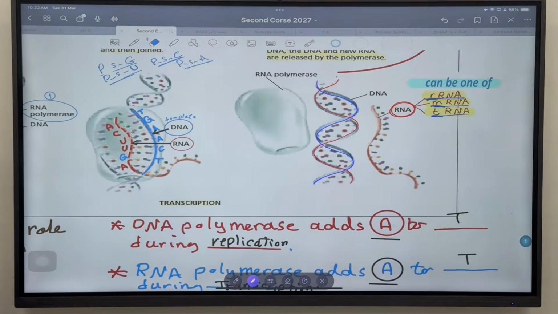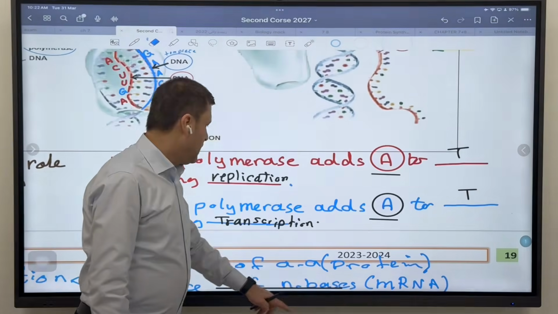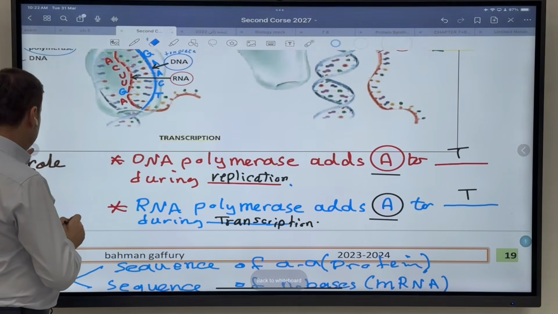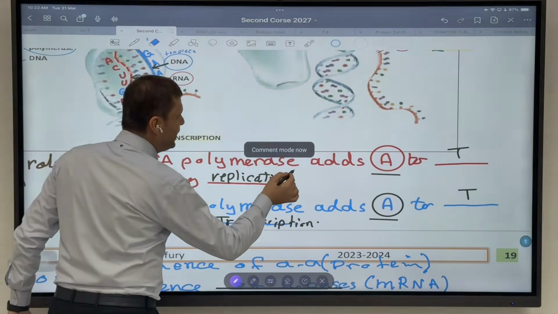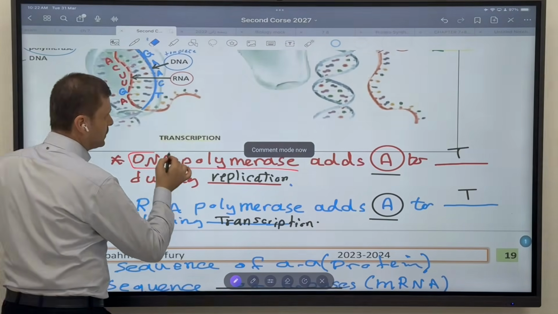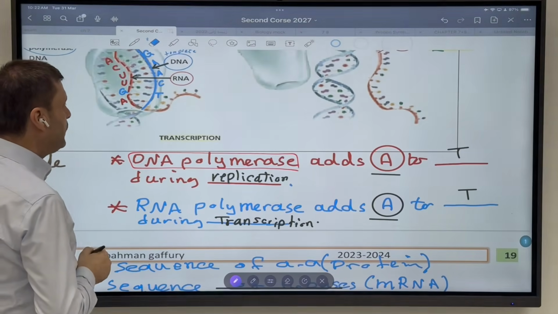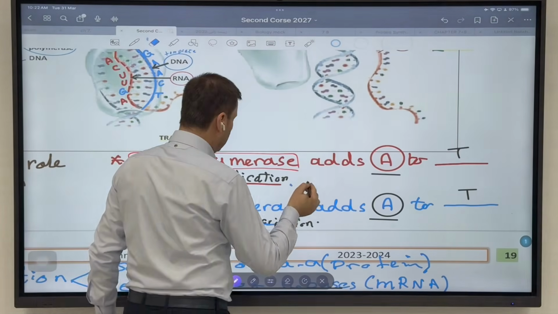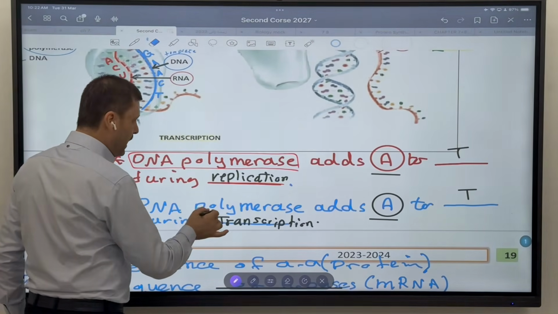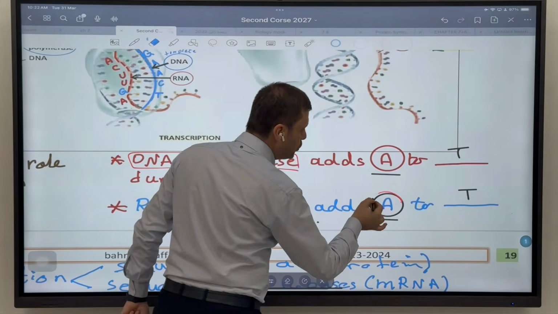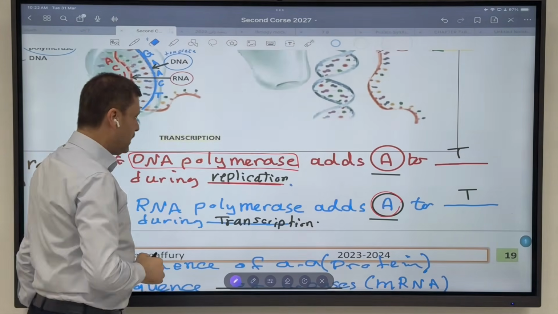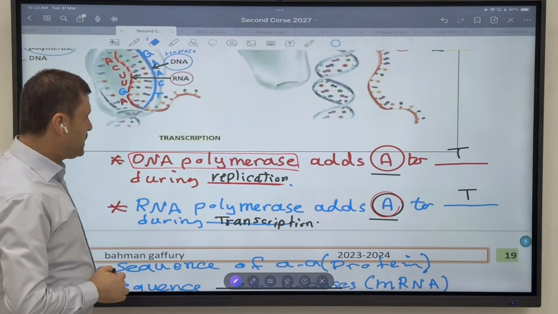And also you have to know some other things about the process. DNA polymerase adds T to A during replication, but RNA polymerase adds U to A during transcription. What does this mean?